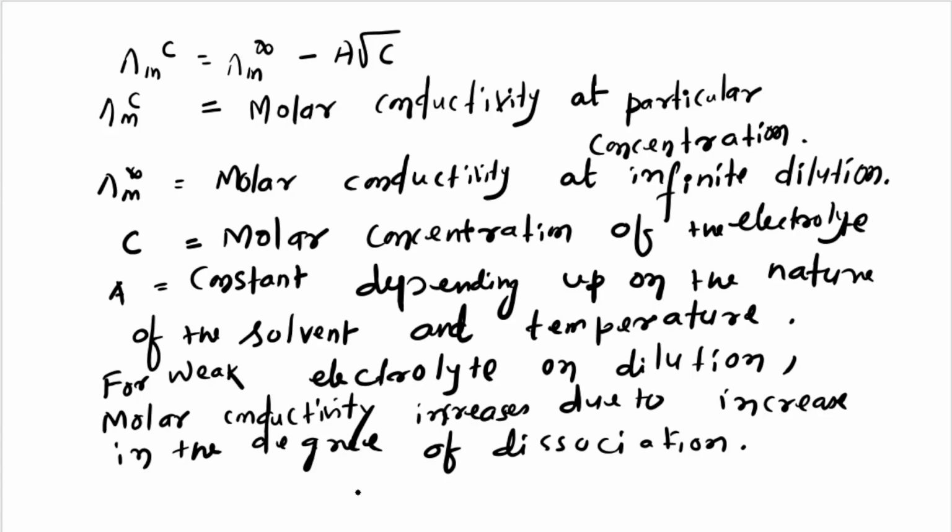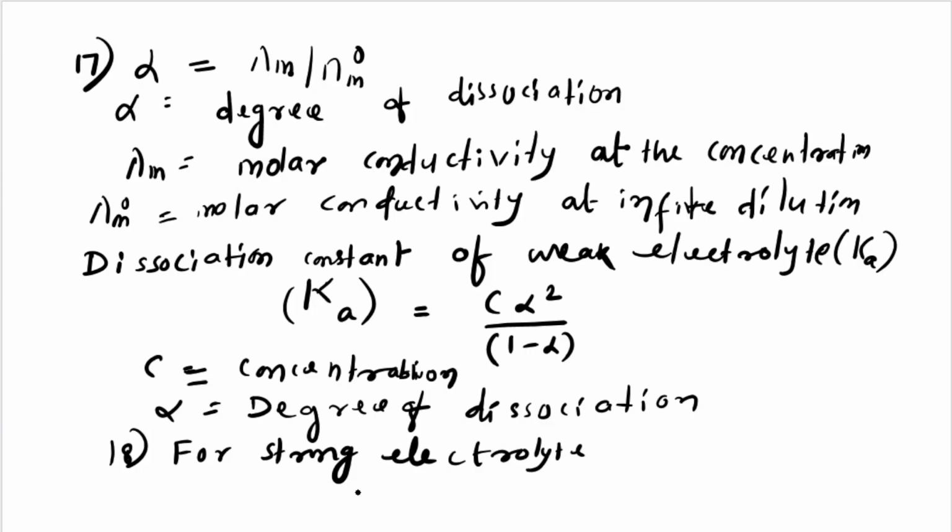See, both have the same result, but the reasons are different. For a weak electrolyte, molar conductivity increases due to increase in degree of dissociation. Alpha is the degree of dissociation, alpha equals lambda m by lambda m 0, that is infinity. You can write the infinity sign also.